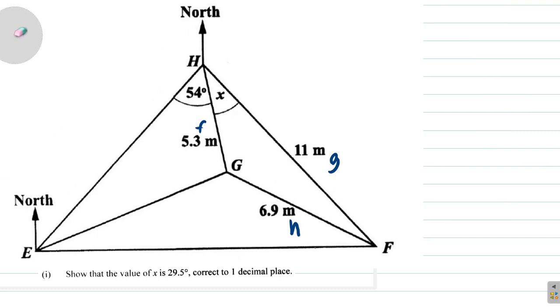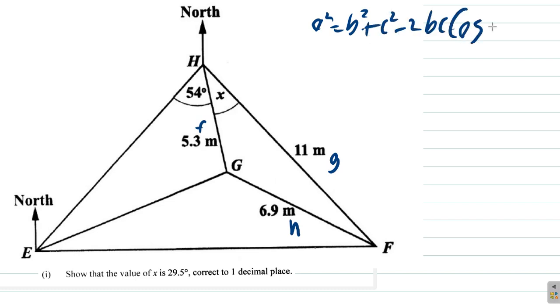Now remember what this cosine rule says: a squared equals b squared plus c squared minus 2bc cos angle A. Now here, x is the angle we have. So we want to end up with cos, well, you could say cos H, but it's x.